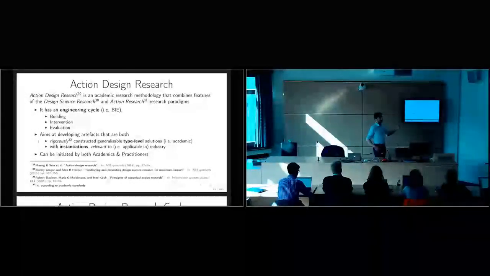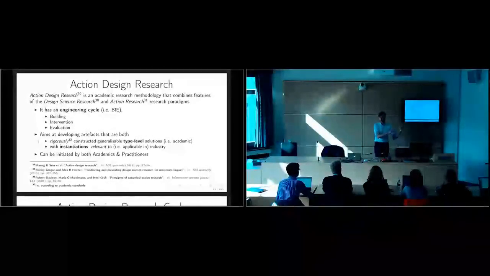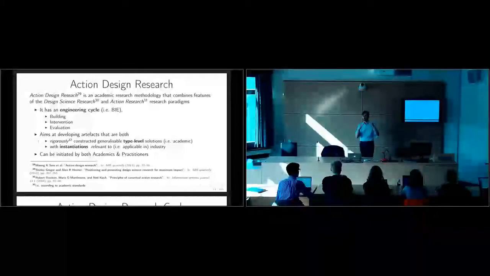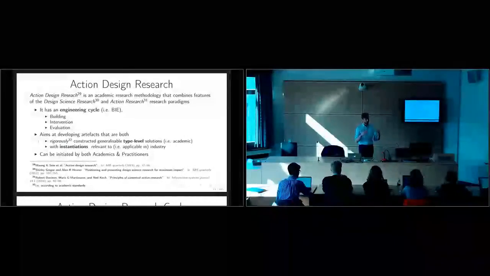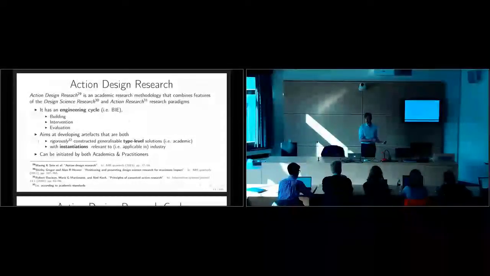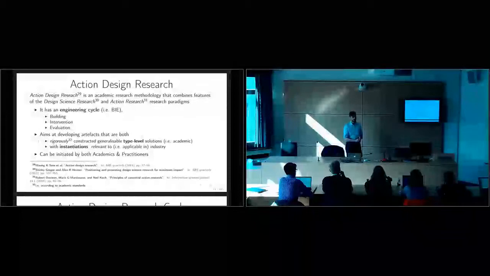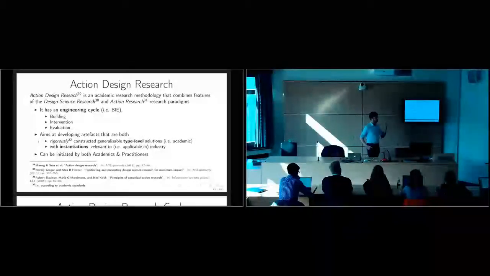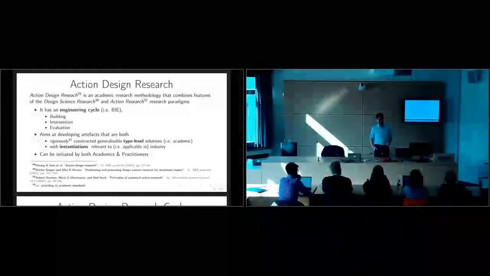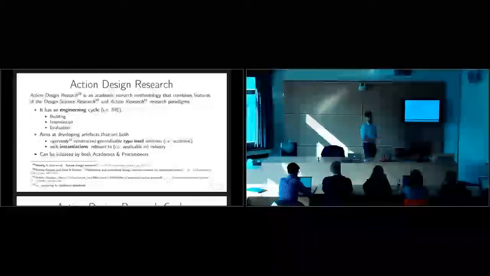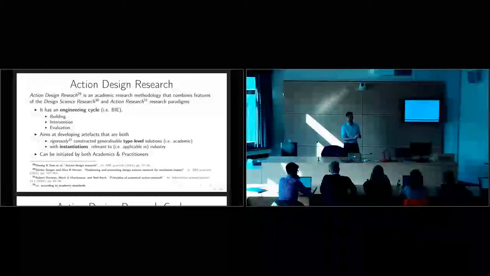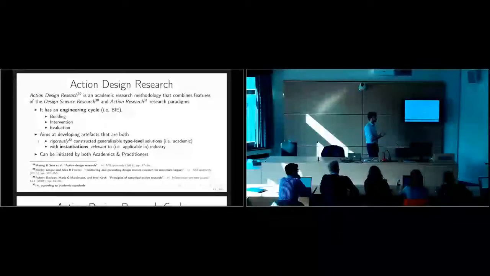So that is the academic part. You should be able to teach your results. They're at the type level, and then some other people should be able to learn from them and be able to apply them again in another setting. So that is the academic level. Type level solutions, generalizable and rigorously constructed. Rigorous means based on academic literature, based on academic methods.